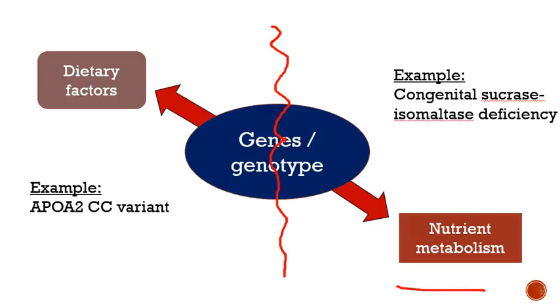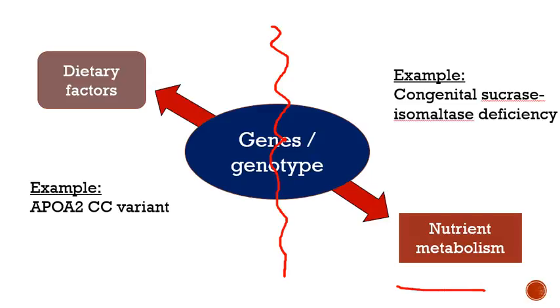When we looked at enzymes, we talked about their critical importance in nutrition, and this is an example of that. So this is an example of nutrigenetics because the person has a specific gene mutation that causes them to not be able to metabolize or break down a particular nutrient, in this case, sucrose or maltose.